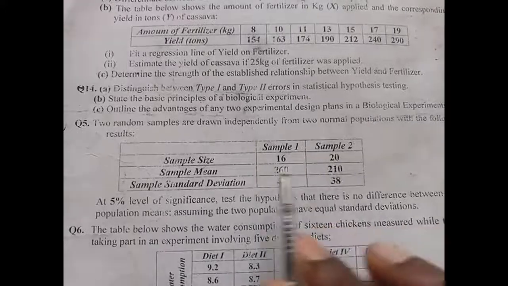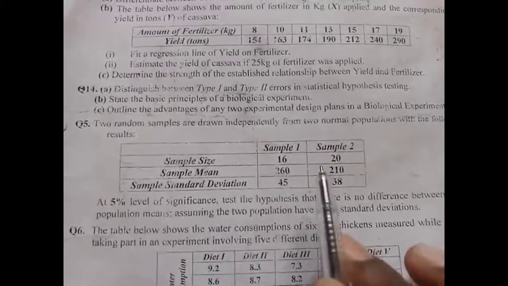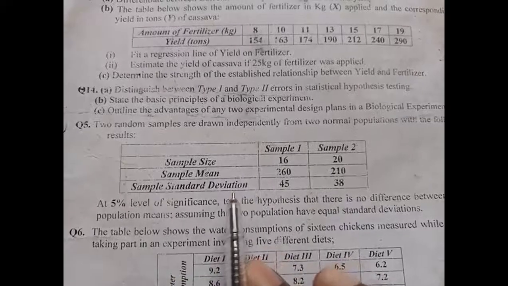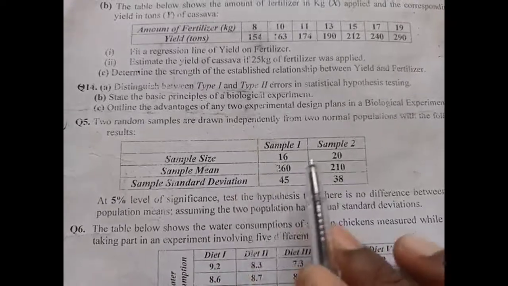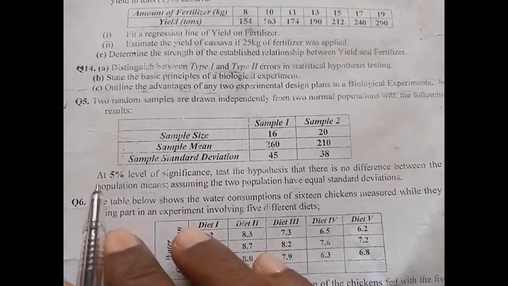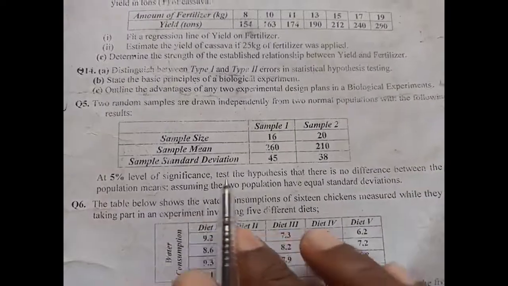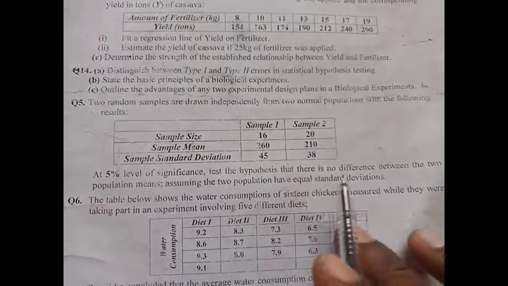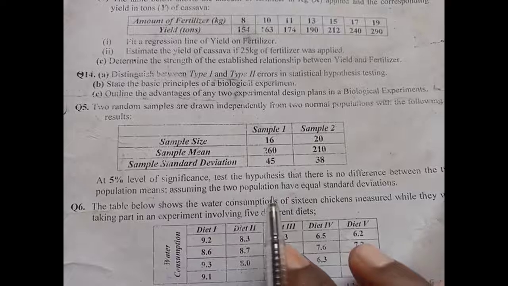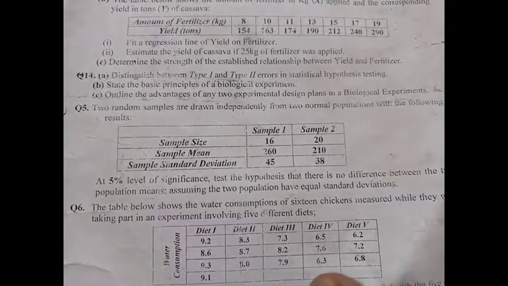Because of this, we're not going to use the z-test, and what they give us is the sample standard deviation, not the population standard deviation. So what we're going to use is the t-test. The question now is, at 5% level of significance, test the hypothesis that there is no difference between the two population means, assuming the two populations have equal standard deviation.